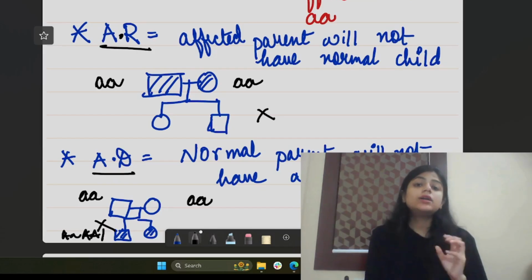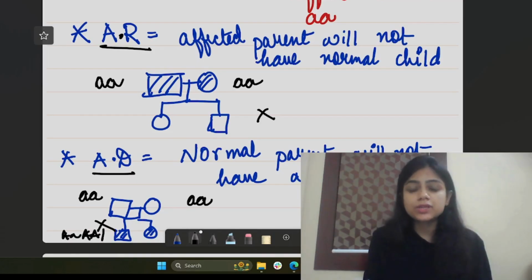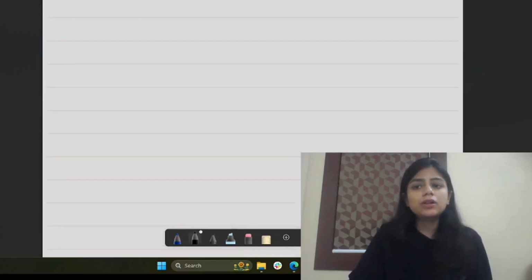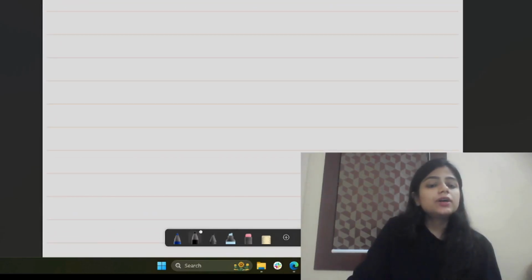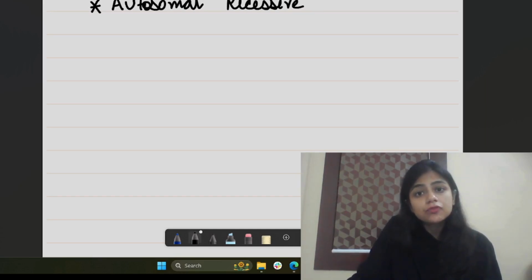What are the important phrases whenever we are doing questions based on autosomal recessive and autosomal dominant? These are related to the autosomal diseases. However, in your NCERT, there are a few examples of autosomal recessive diseases which are important for you to learn. The first one is sickle cell anemia.